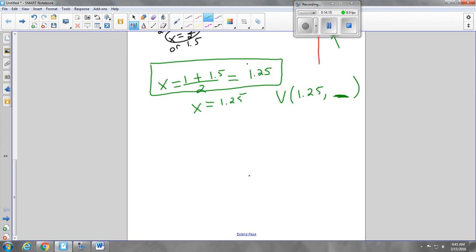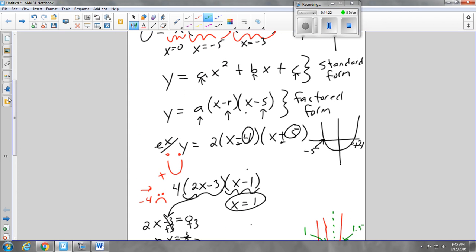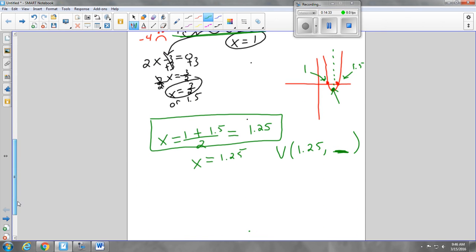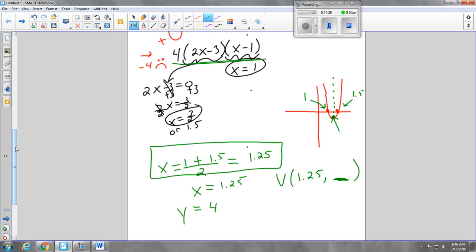Last step we need to do is just go back to our original equation. So the original equation was, I said this one, right? Yeah, that one there. y is equal to 2x minus 3, bracket x minus 1.